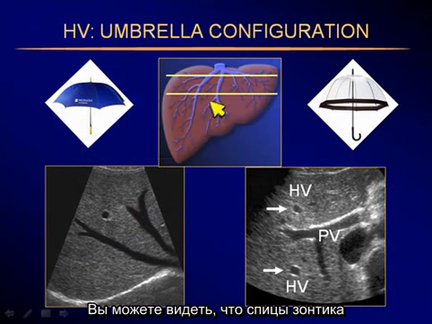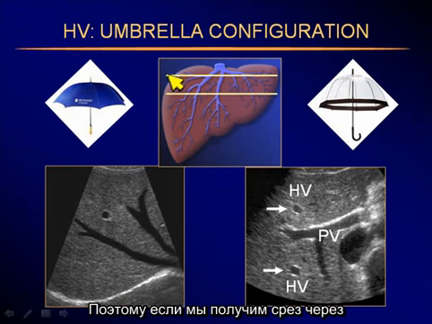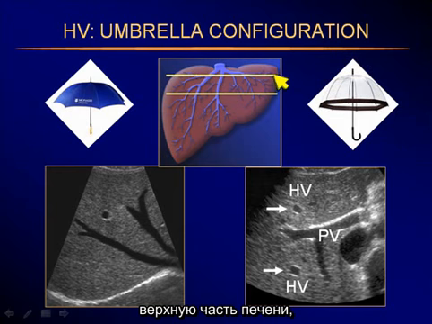Here's an umbrella, just for your imagination. You can see that the spokes of the umbrella come together at the top, which is here. So if we take a slice through the very superior portions of the liver, we can see longitudinal orientation of the hepatic veins.